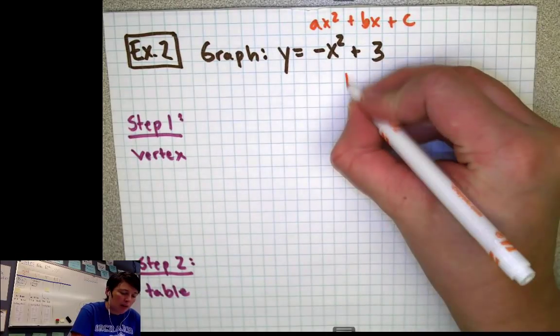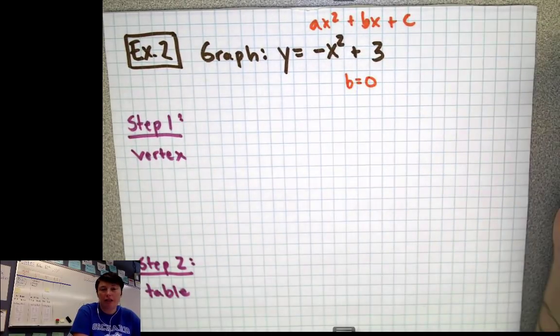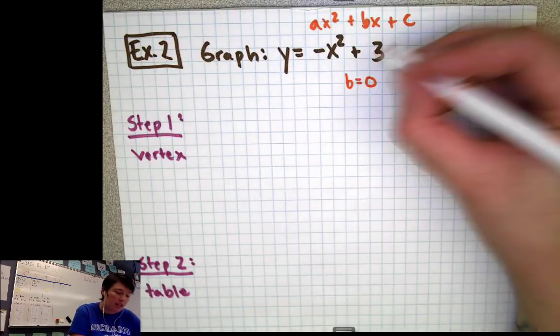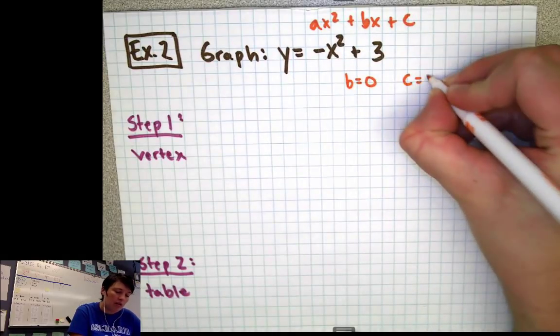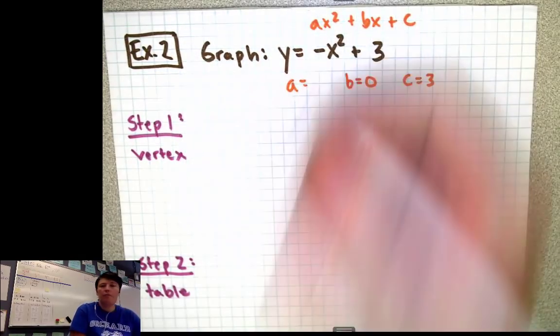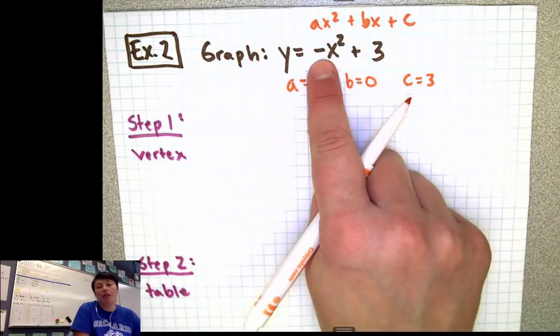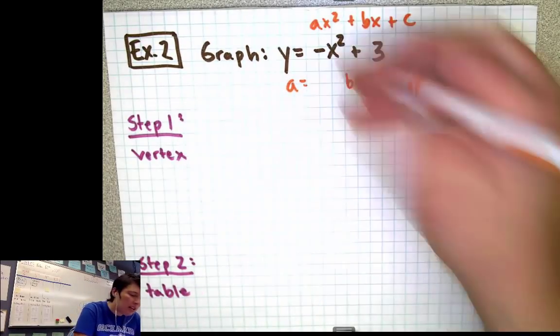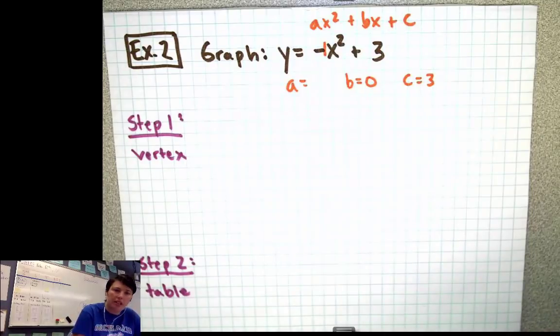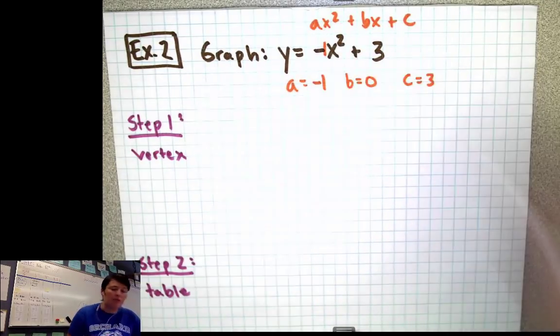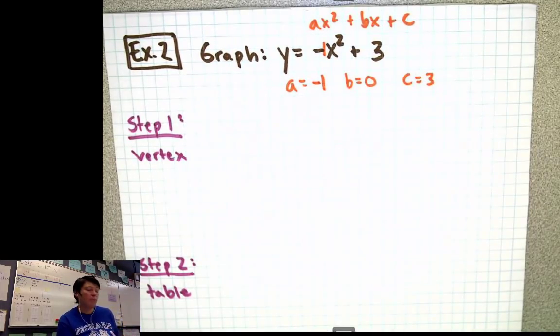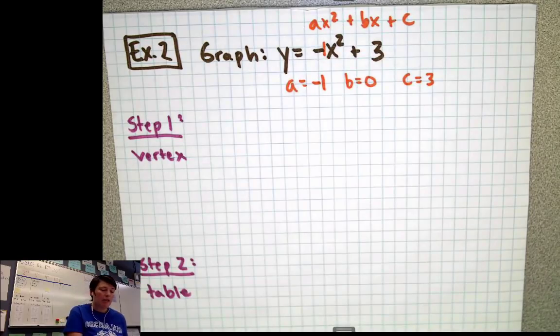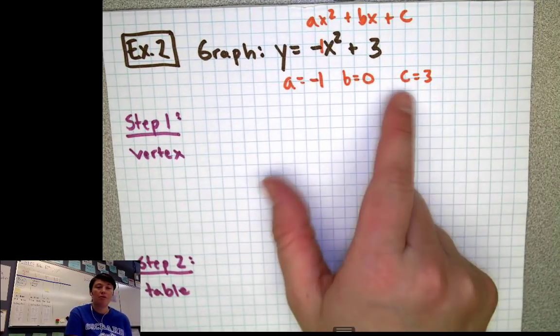So b in this problem is actually equal to 0. It's kind of missing. C is going to be equal to 3, but what's a going to equal? Well, there's not really a number here, but there is. Negative x squared is like a negative 1. So a is equal to negative 1. And that's going to be my ABCs. So we have negative 1, 0, and 3.